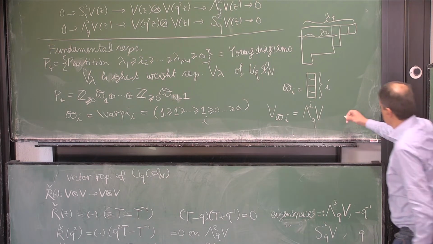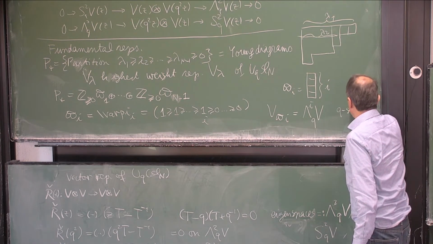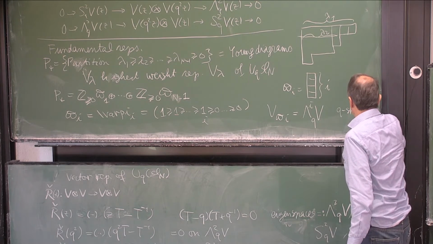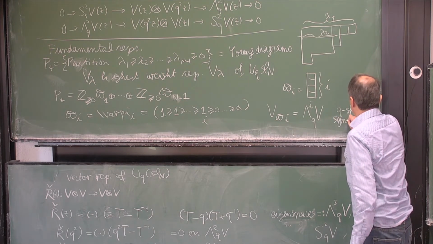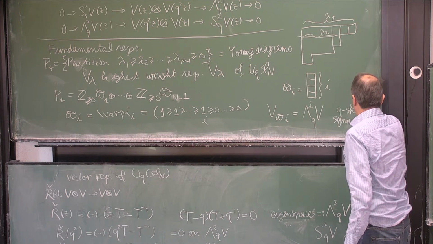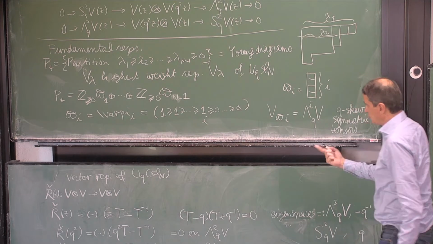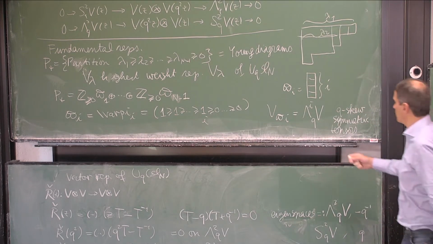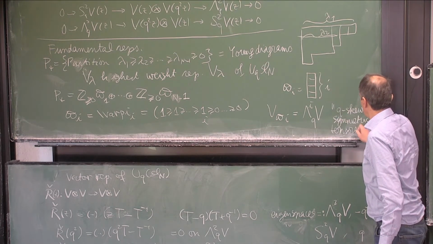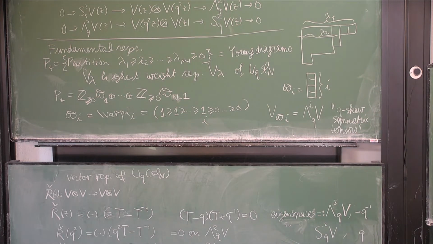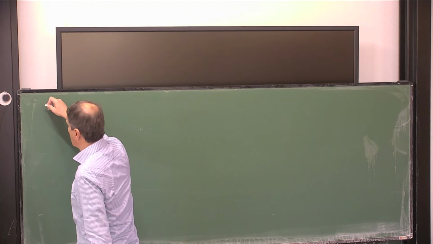So these are kind of q-symmetric tensors. So in the exercises we will do it explicitly for n equal to 2.